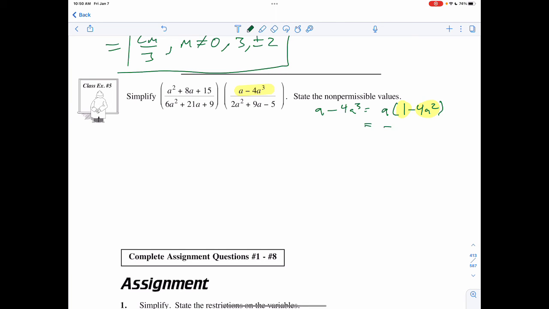So I'm going to take the negative out to change the order. And then I'm going to take the difference of squares to fully factor that one down.